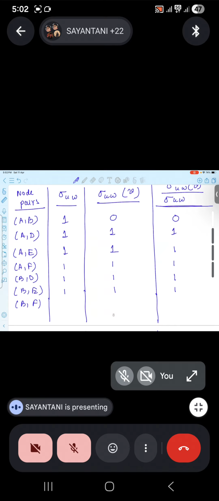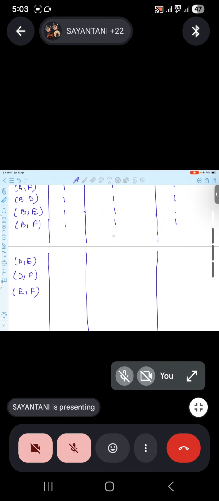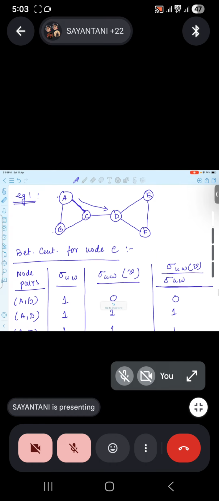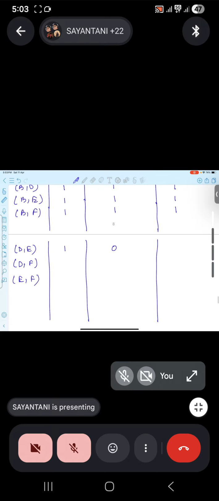B to F, one shortest path, passes through C, ratio is 1. Coming to D to E, we have one shortest path that does not pass through C, so the ratio is 0. D to F, one shortest path, does not pass through C, ratio is 0. E to F, one shortest path, does not pass through C, and hence the ratio is 0.